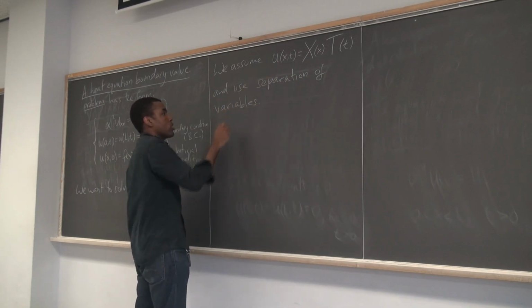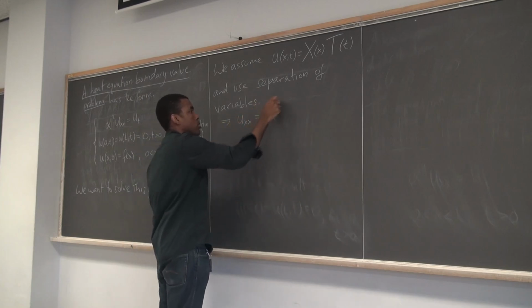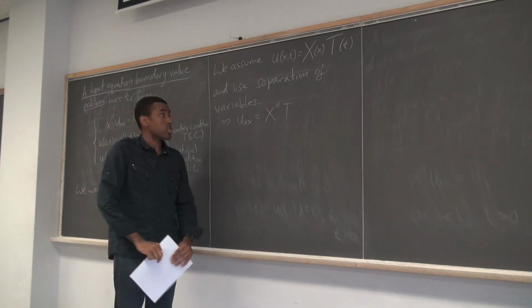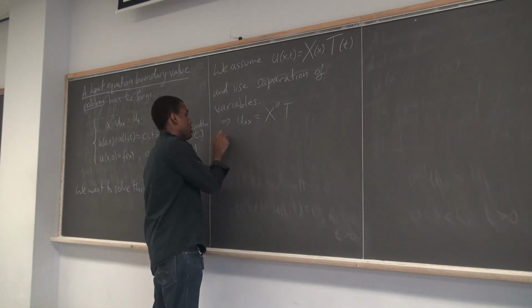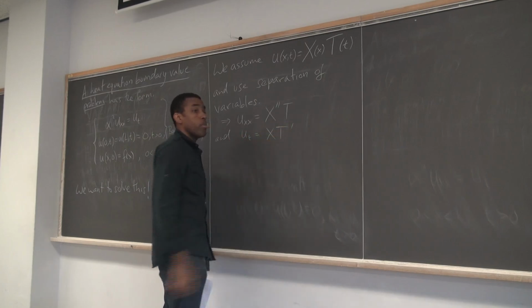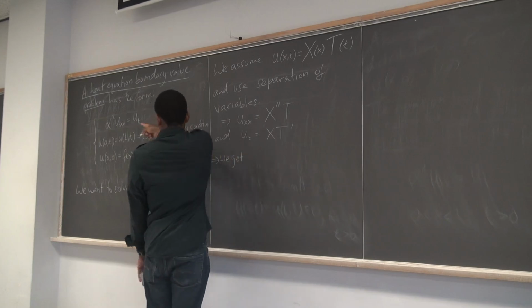If that's your u, it means that u_xx would just be X double prime times T, because T is a constant, I would just differentiate this twice. And u_t would be X times T prime. This means we just plug these guys into that.